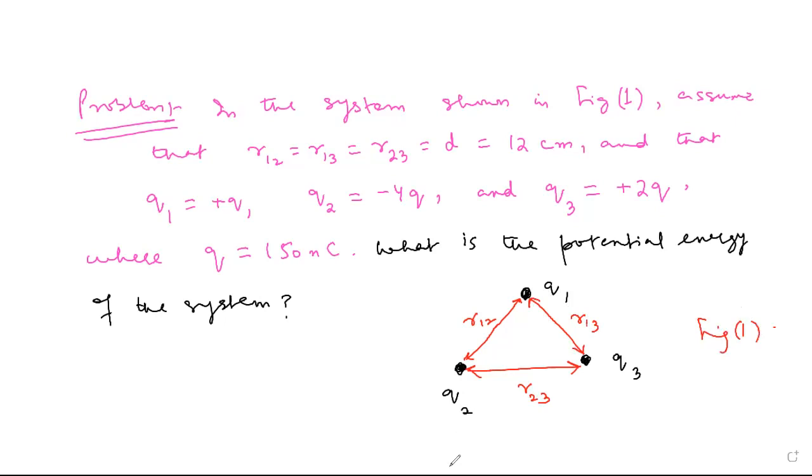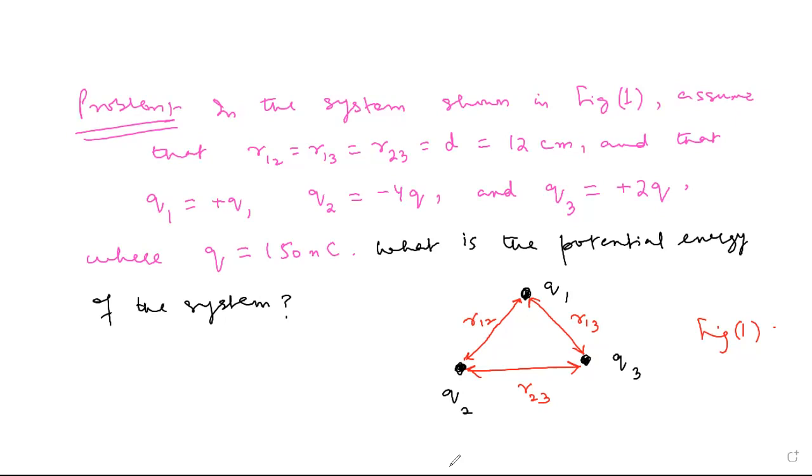It shows 3-point charges Q1, Q2, Q3. R12 is the distance of separation between Q1 and Q2. R23 is the distance of separation between Q2 and Q3. And R13 is the distance of separation between Q1 and Q3.